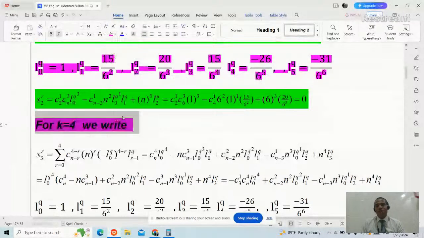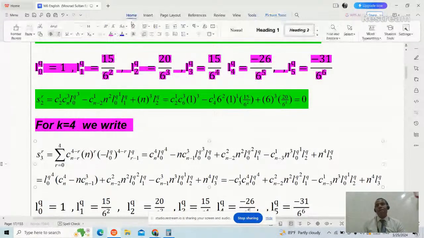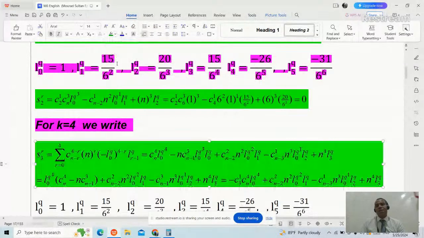Therefore, I should set this one, learners. I will find the value of S3. I will set k equal to 4.